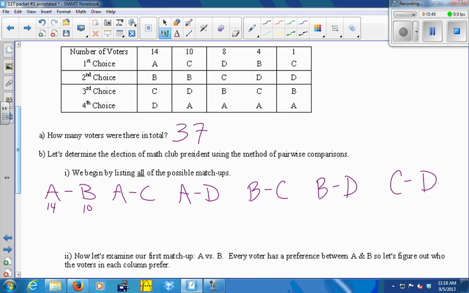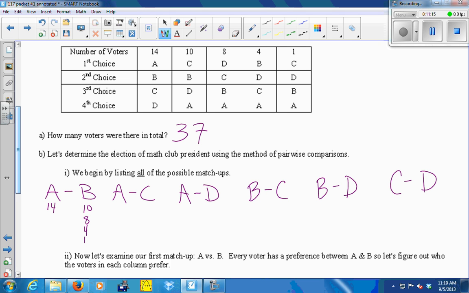B. Again, B is ranked above A, so they choose B. So we put those 8 votes under B. These 4 people, would they choose B or A? B, because they have B ranked above A. And the last column, the 1 voter, B or A? B again, 1. So B ends up with 18, 22, 25.